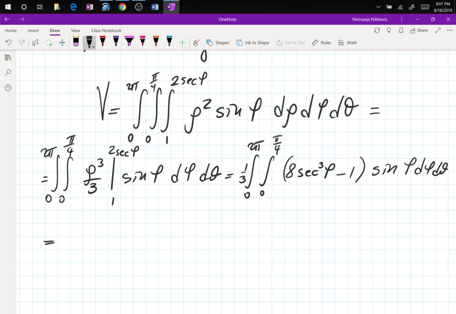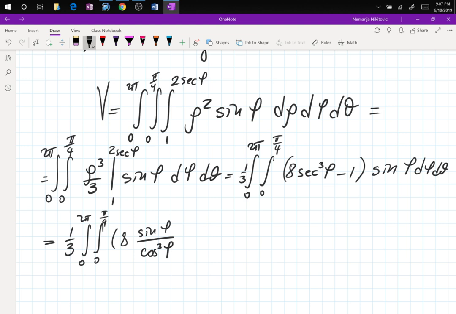This is further equal to 1/3 integral 0 to 2 pi, 0 to pi over 4, and then we're multiplying sine phi, so this is going to be 8 sine phi over cosine cubed phi.